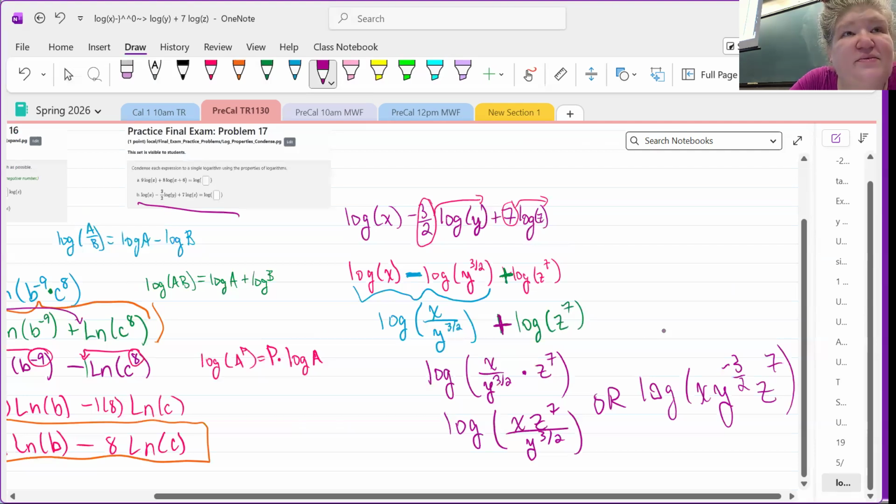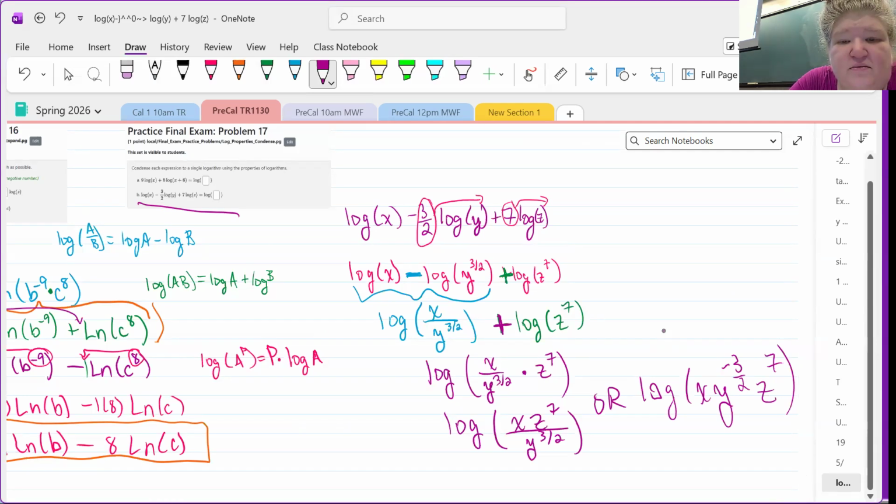Is there any specific order of operations for the log properties that we should follow, or is it okay to just use them? So the only caveat is I did the power rule first because when we look at our log properties for the difference, the quotient and product, there were no numbers in front of the logarithms.